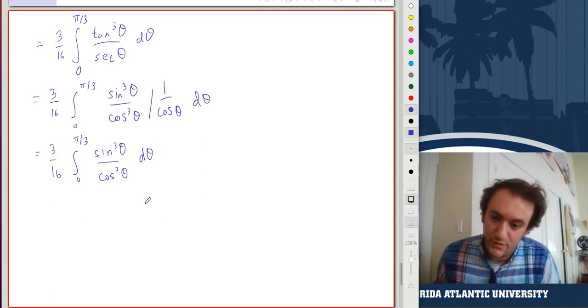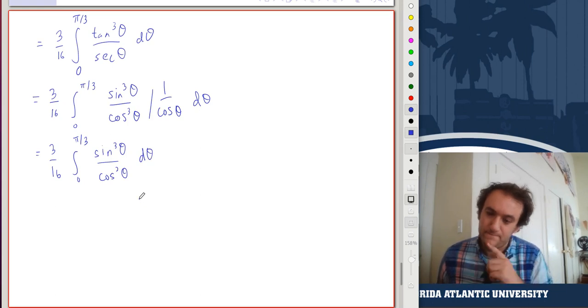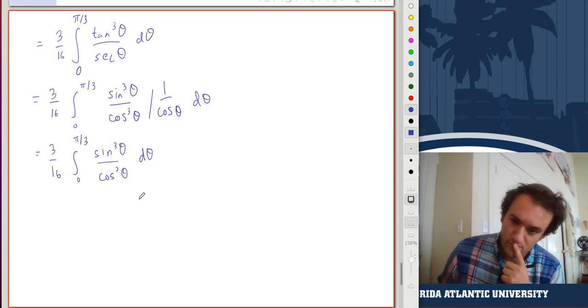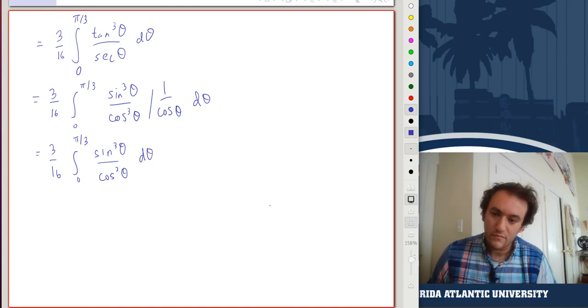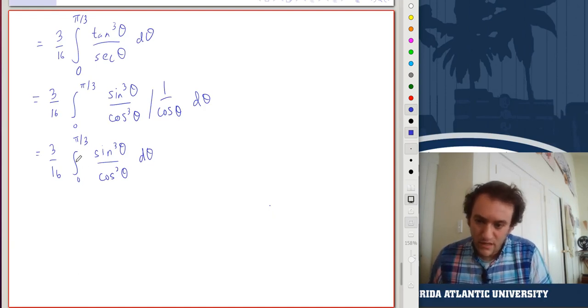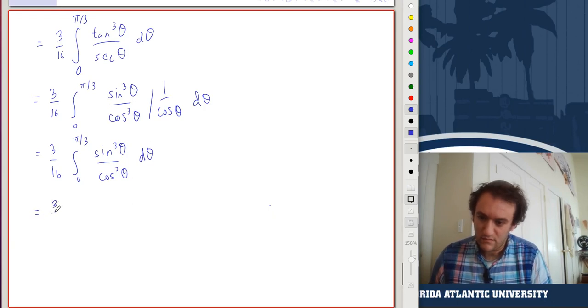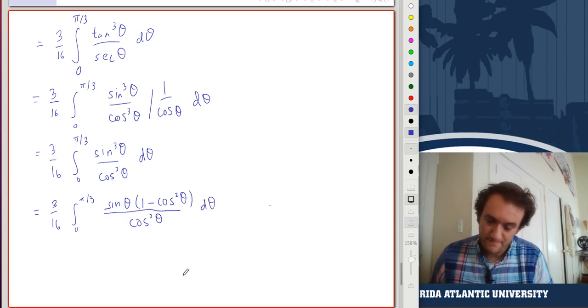And here what we'll do is use a Pythagorean identity to rewrite this as sine theta times 1 minus cosine squared theta divided by cosine squared theta d theta.